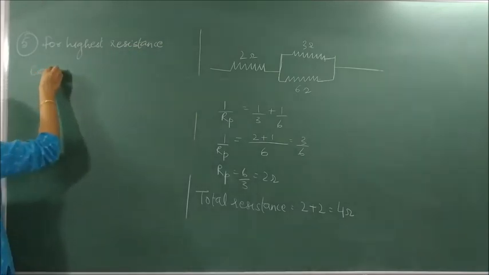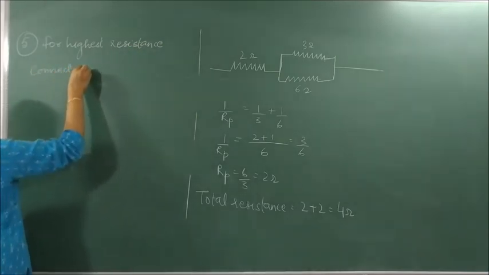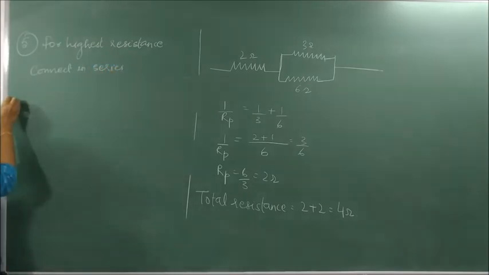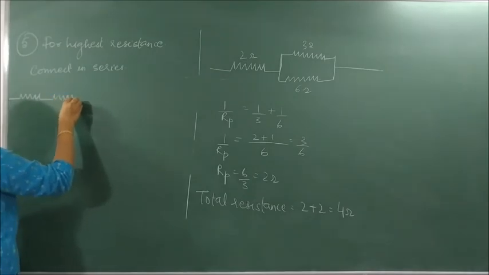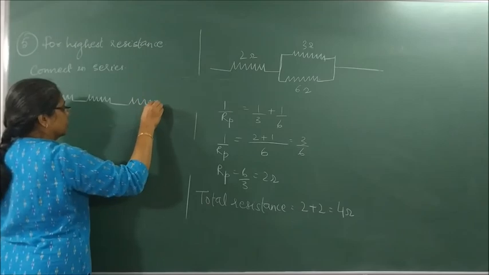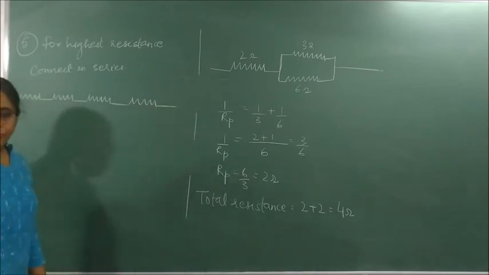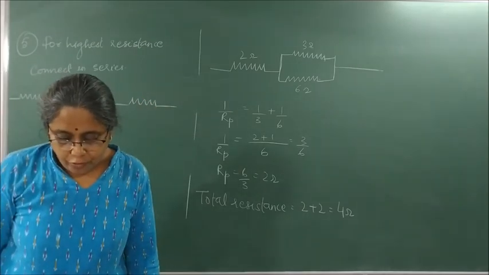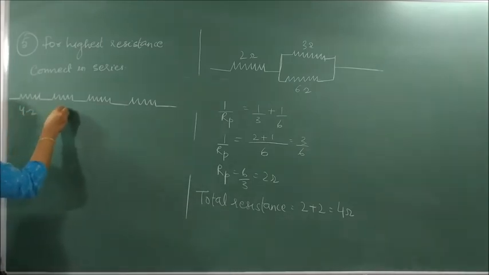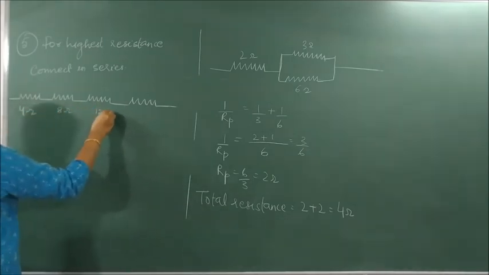For highest resistance, connect in series. So 4 resistors are connected in series. What are our 4 resistors? 4 ohm, 8 ohm, 12 ohm and 24 ohms.